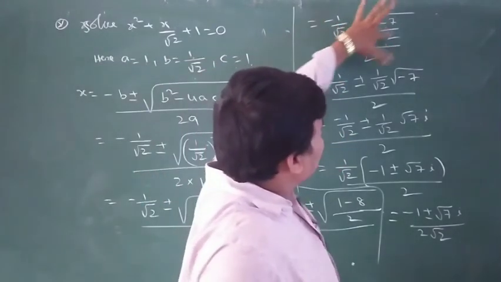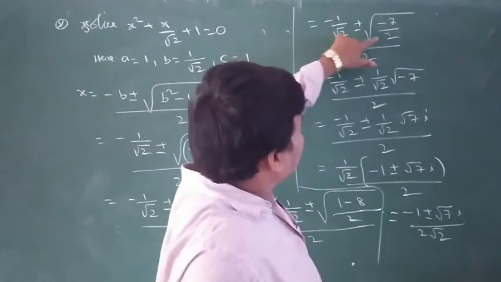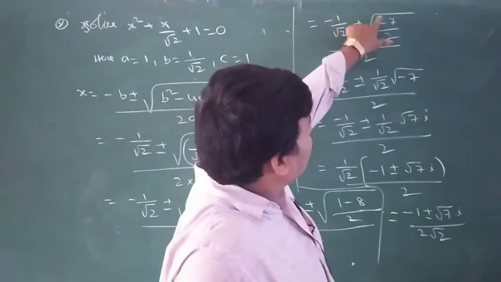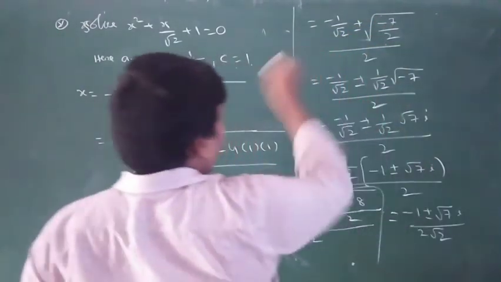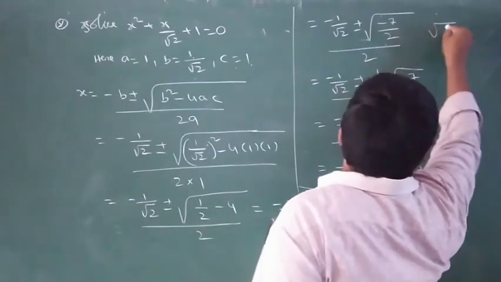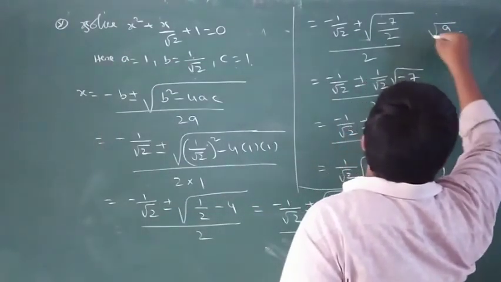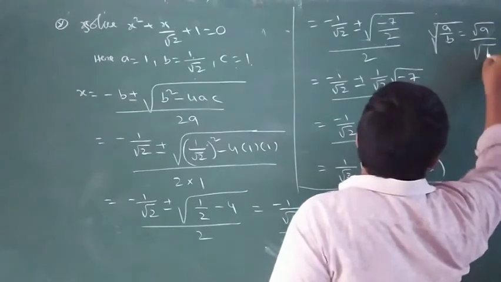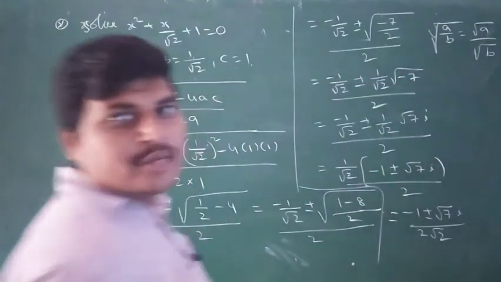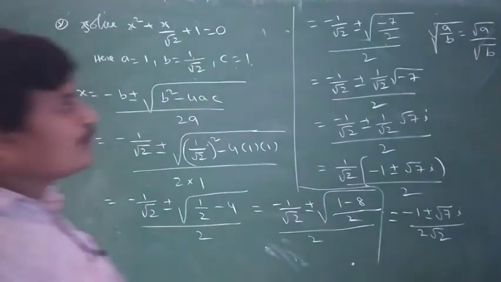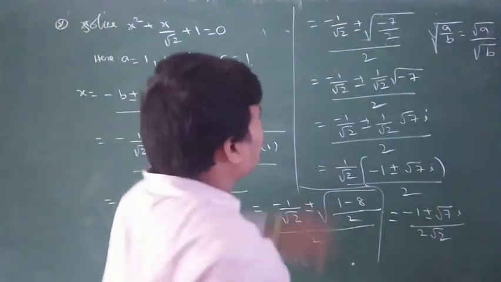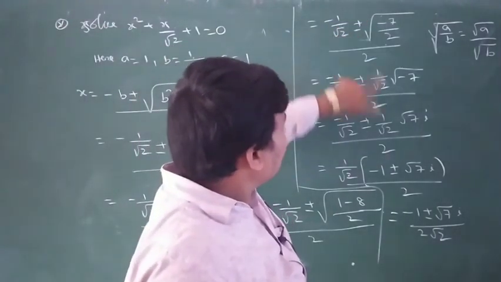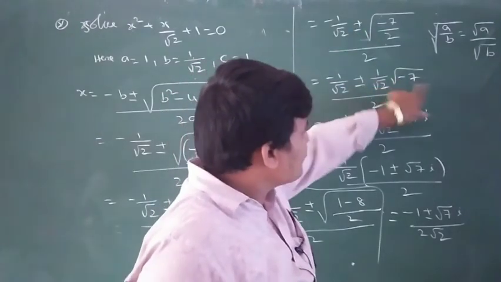Minus 7 by 2 converts into root a by b, you know, root of a by b is equal to root a by root b. So root a by root b.